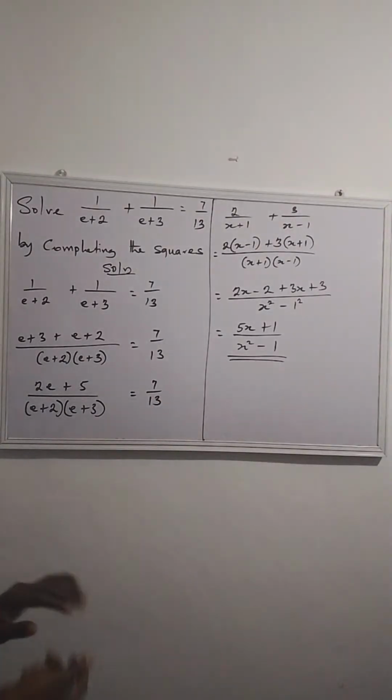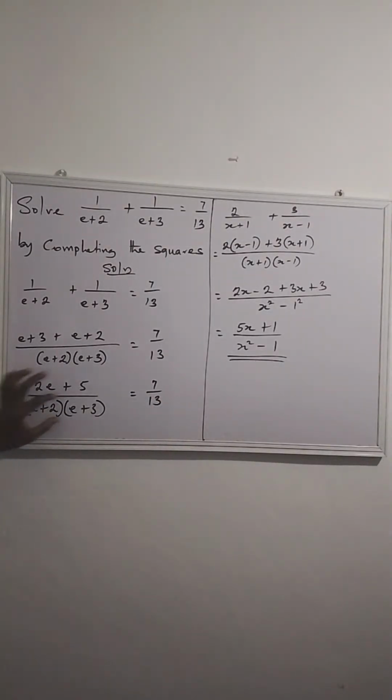Now before we leave here, we can expand what we have here. Don't forget, if you want to expand, you pick the first term here, put it beside here, so it's going to multiply the values we have in the bracket. Now you pick the second one, it will multiply all we have in the bracket.